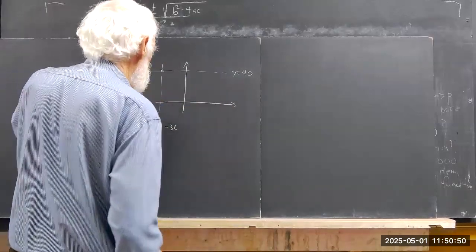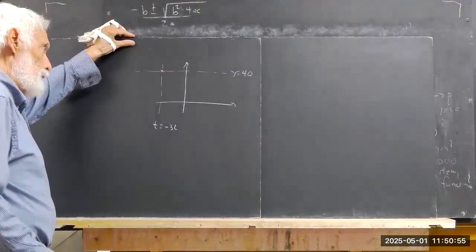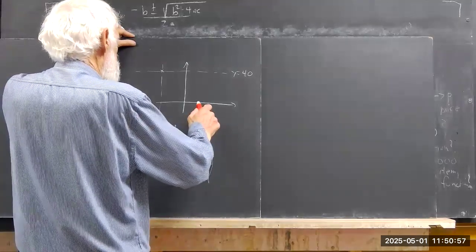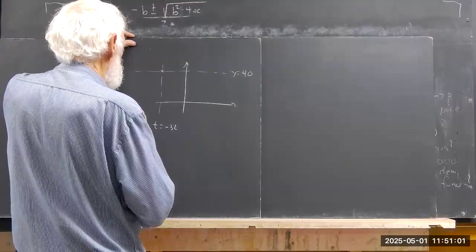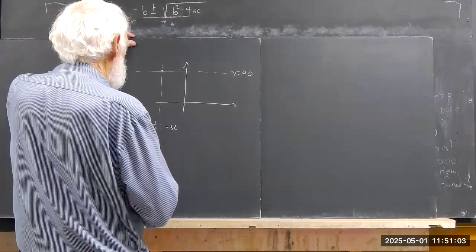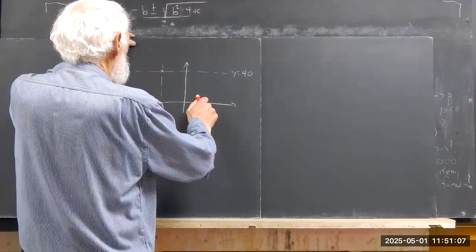So you've got y equals 40, t equals -32, and there's a point, your point on the graph. And then over here, have the points.